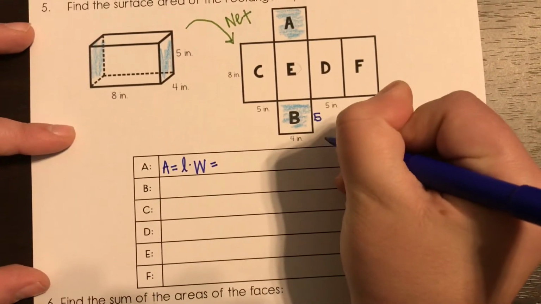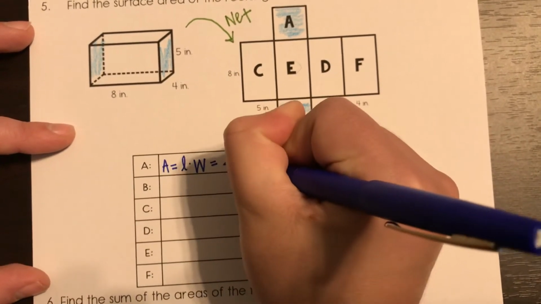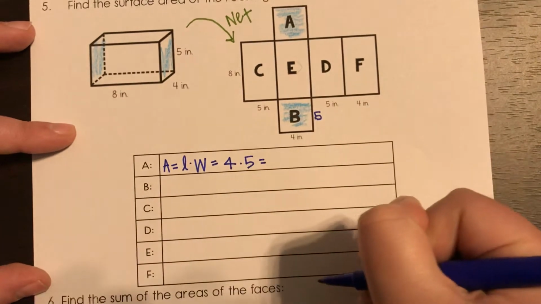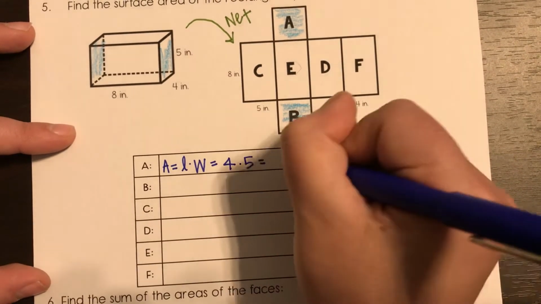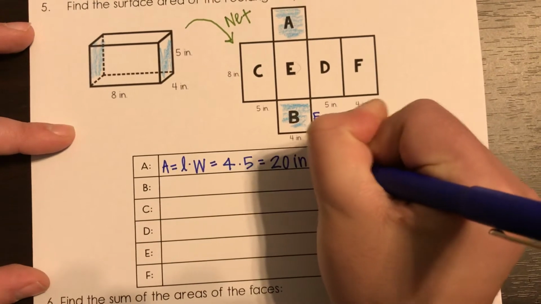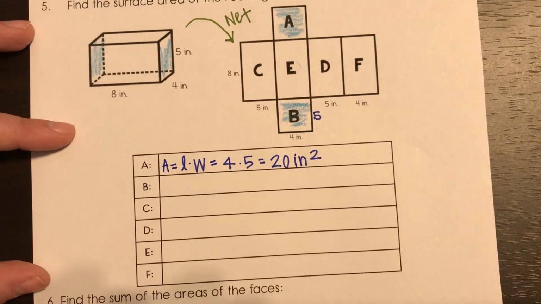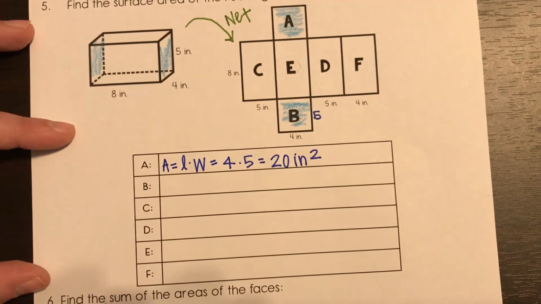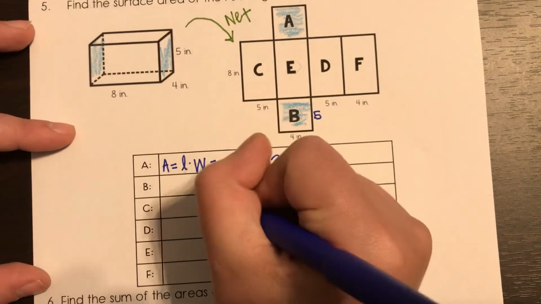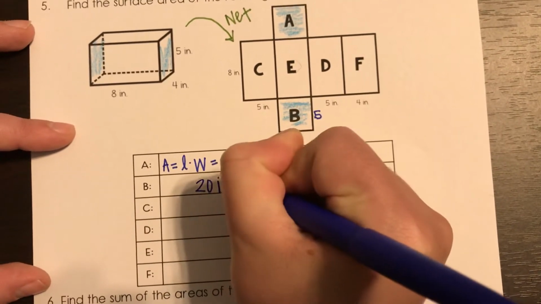Alright, so we have a length of 4 and a width of 5. Multiply those two together. 4 times 5 is going to give us 20 inches squared. Alright, so the beauty of this is, once again, A and B are the same. So we actually don't have to show all this work again. I can just say that B is going to be 20 inches squared.